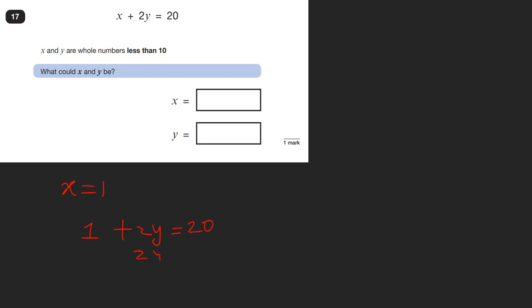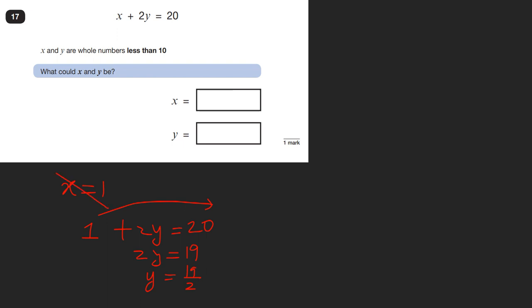So 2y equals, 1 goes to the other side, 20 minus 1 is 19. But this can't work, so y is going to be 19 over 2, which cannot be an even number, you can only divide by 2. So 19 divided by 2 is a decimal number, but the question says a whole number.